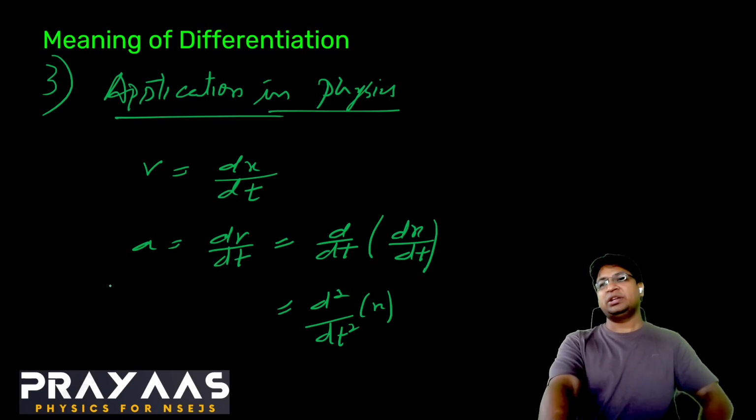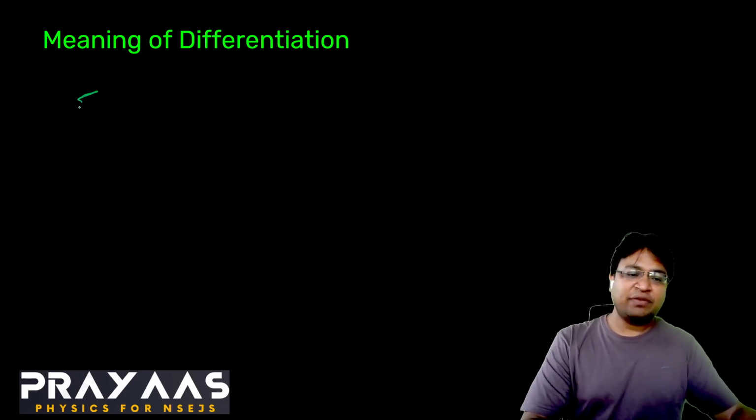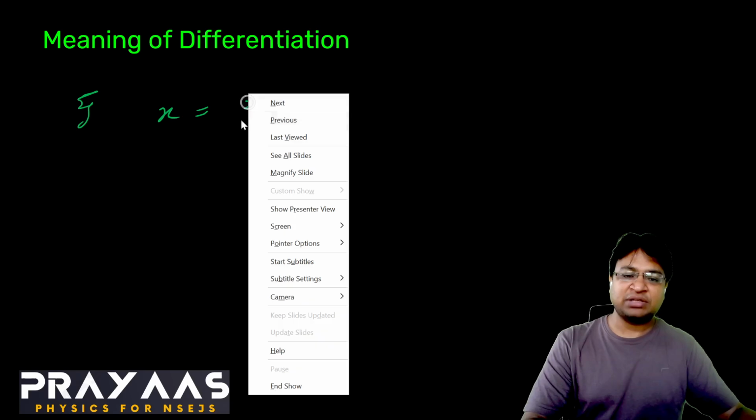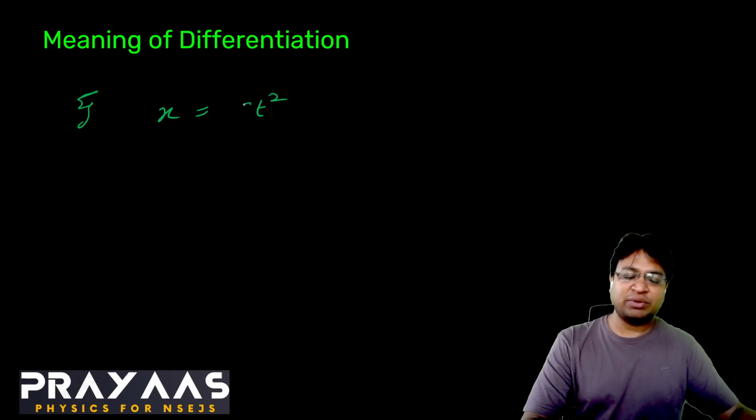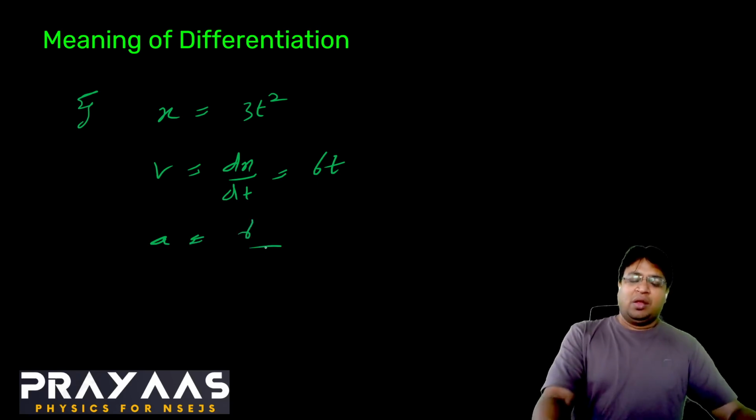We will do it in detail in 1D motion, but this is where it is used. For example, if the x coordinate of a particle changes with time as 3t square, then the velocity of that particle would be 6t and the acceleration would be 6.